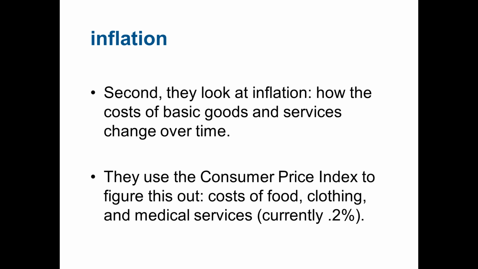The most commonly used measure of inflation is known as the Consumer Price Index, which every month the government goes out and surveys a basket of goods that are commonly consumed by people, so things like food, clothing, common medical services, just to get a broad look at the price of products that people tend to use most often in the economy. And they chart the price of these various goods in this basket to determine how they compare to last month and last month before that, and basically what the rate of growth is in pricing.